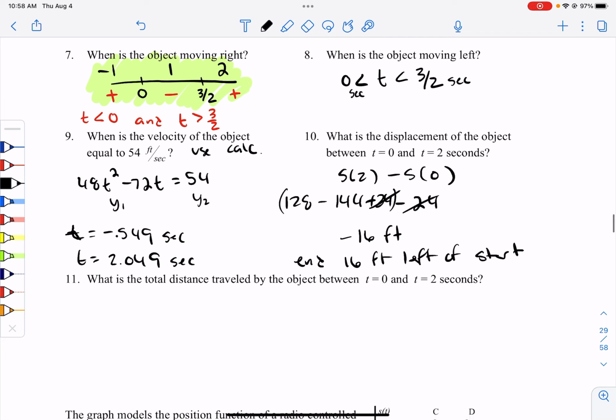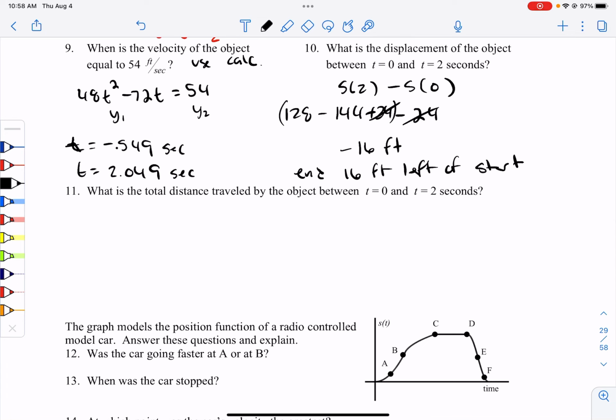Okay. Number 11 wants me to find the total distance traveled. So it wants to know, in that time frame, I know I ended 16 feet to the left, but what is the total distance that I traveled? Okay, so here's where I need to be careful. All right, so I know that I start at 0 and I end at 2.